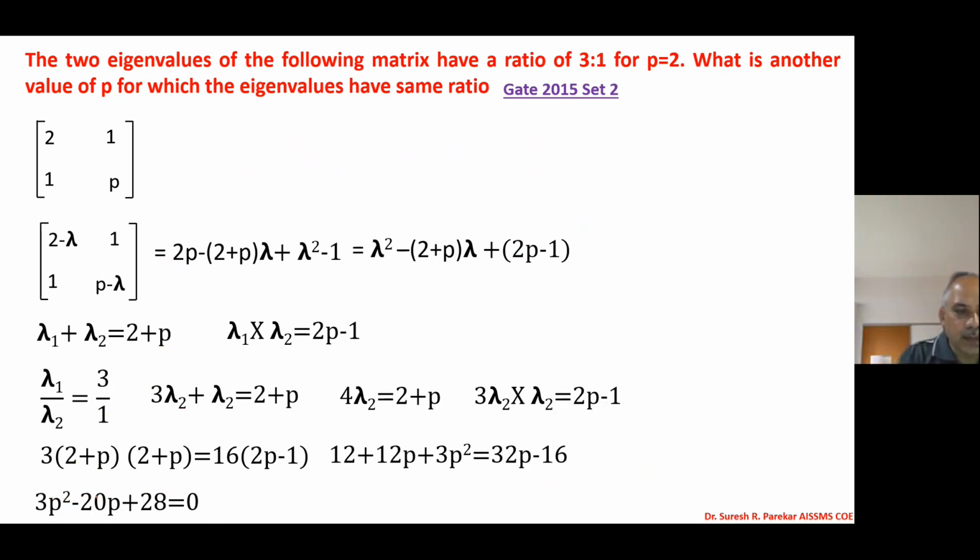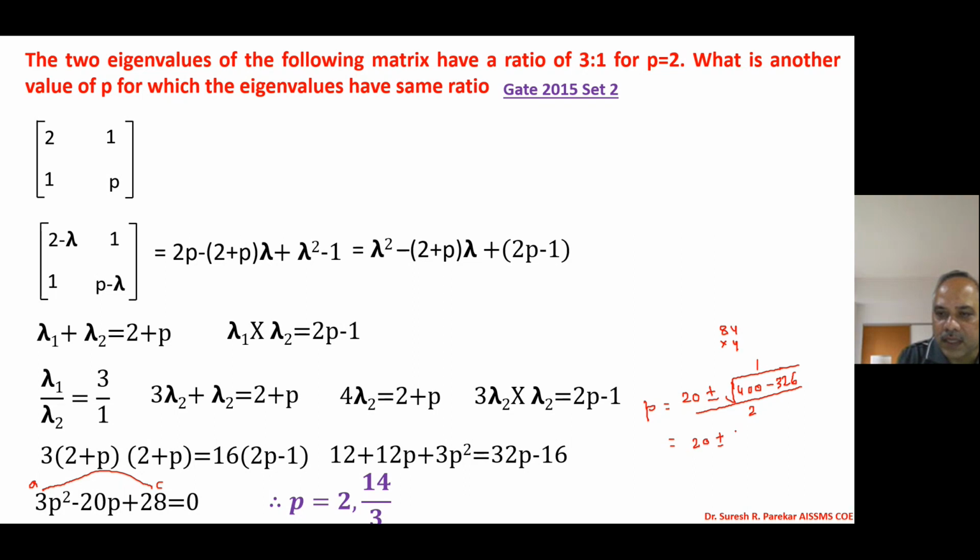that is 3p square minus 20p plus 28. And if we solve this equation by using p equal to minus b plus minus root of b square minus 4ac, so 84 into 4, because this is 28 into 3, 4 into this is c, this is a, and then we have 2 into 3, 2a.